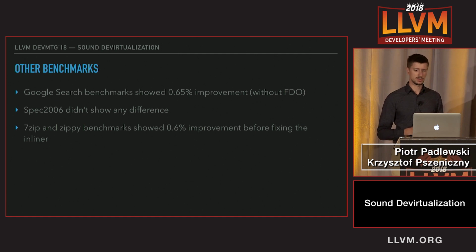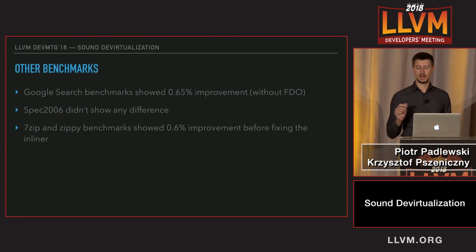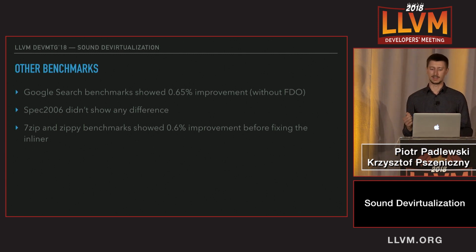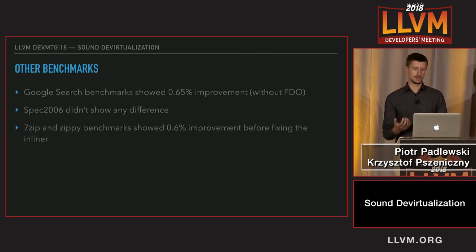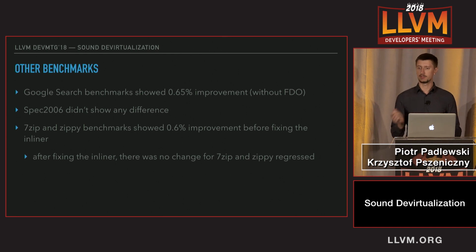Some compression benchmarks like 7-zip and zippy first showed around 0.6% improvement, and this was before fixing a very subtle inliner bug, where we treated our intrinsics as non-zero cost for the inlining. And after changing that, which is something that we wanted to do, we saw that they regressed or were pretty much the same, while all of the other benchmarks sped up.